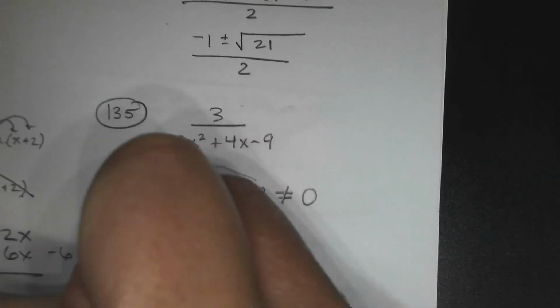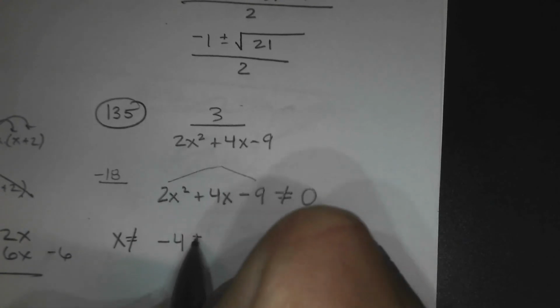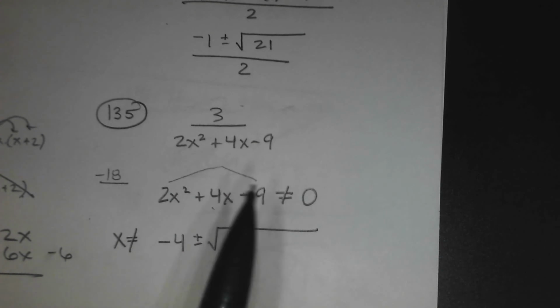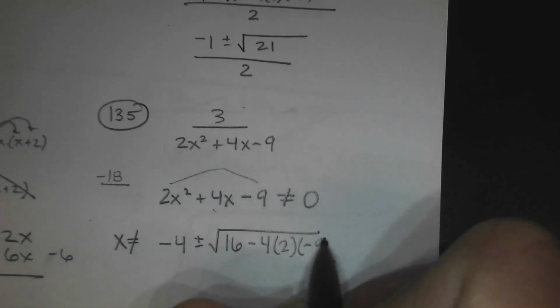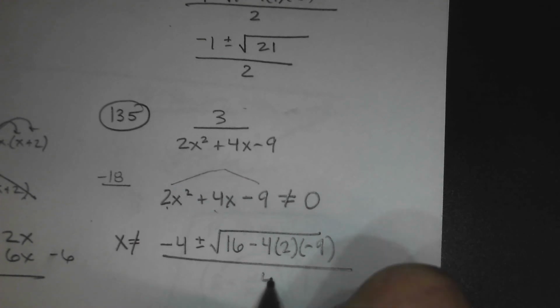x cannot equal negative b plus or minus the square root of b squared, which is 16, minus 4 times a times c, all over 2 times a, which is 4 in this case.